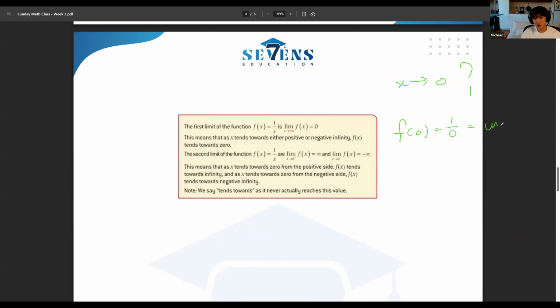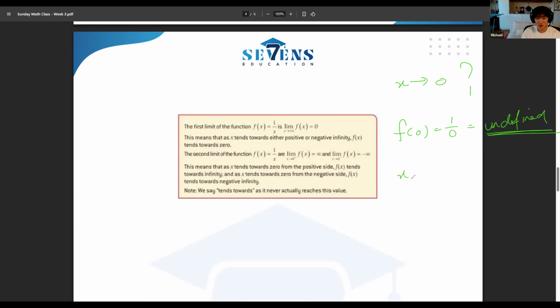This is undefined. We can't have 1 over 0. You can't have x equals 0. So undefined, right? So I shouldn't even write this equal sign because this doesn't really mean anything.